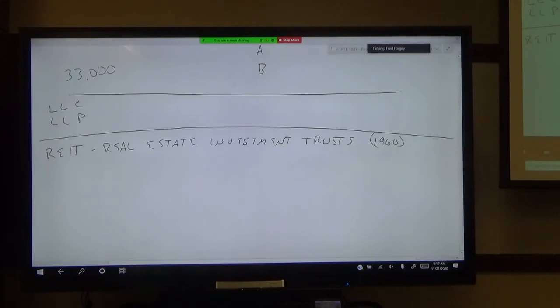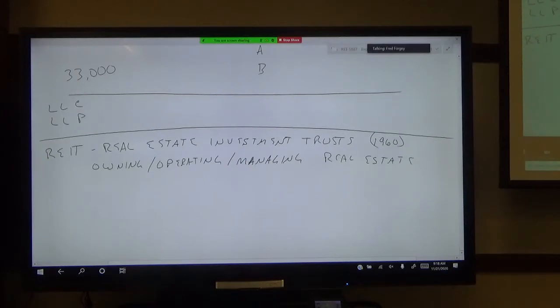Just write those words down: owning, operating, managing real estate. Now, what word is conveniently left out of there?